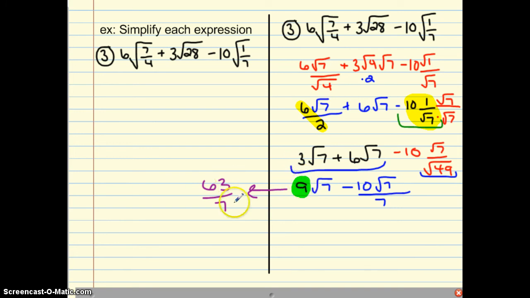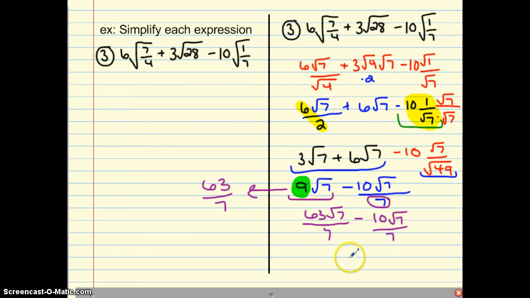I went with that because I want a denominator of 7. So I'm going to call this thing 63 root 7 all over 7. So that way I can subtract these like they're like terms and just get one nice looking answer.